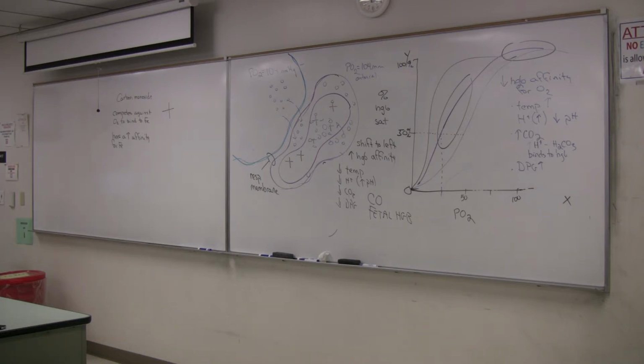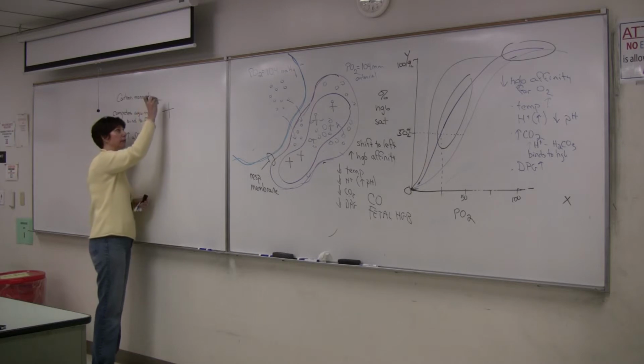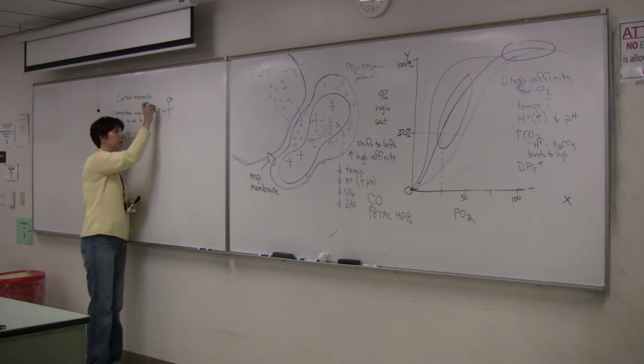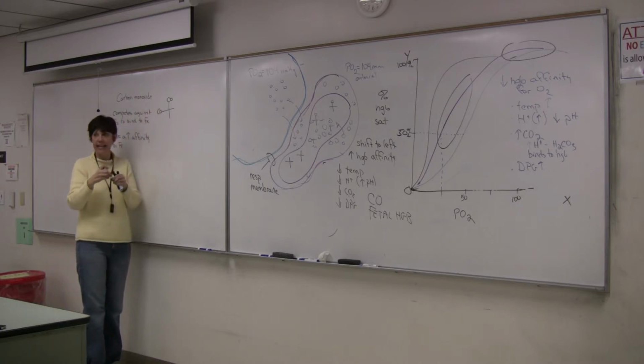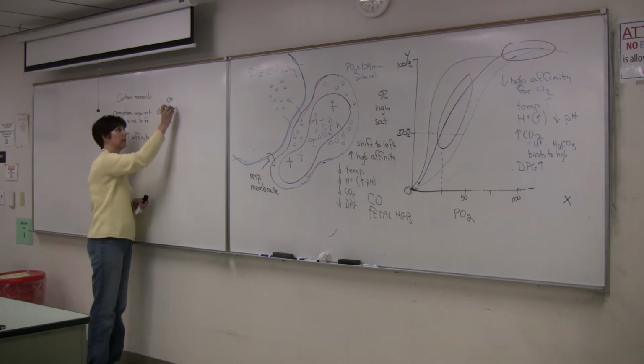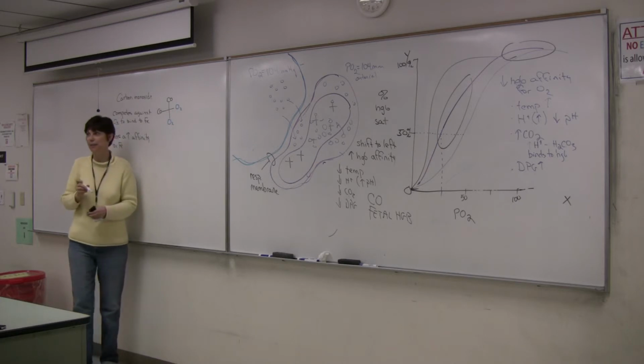So yes, the hemoglobin has less oxygen on it, but remember what happened to affinity? So we bind a carbon monoxide molecule, or maybe two. That actually makes it easier for oxygen to bind because it increases the affinity for oxygen. But guess what?